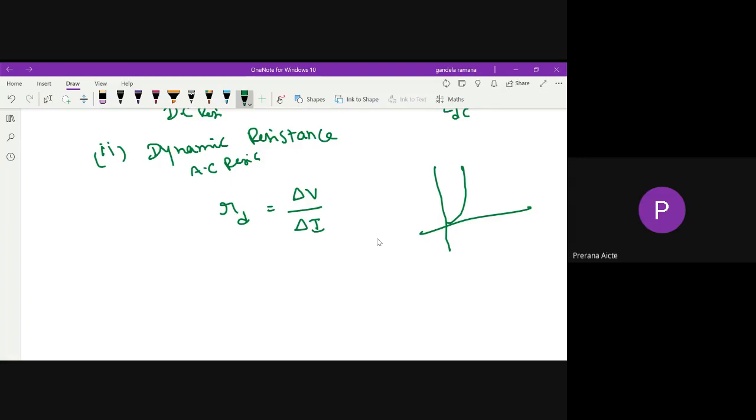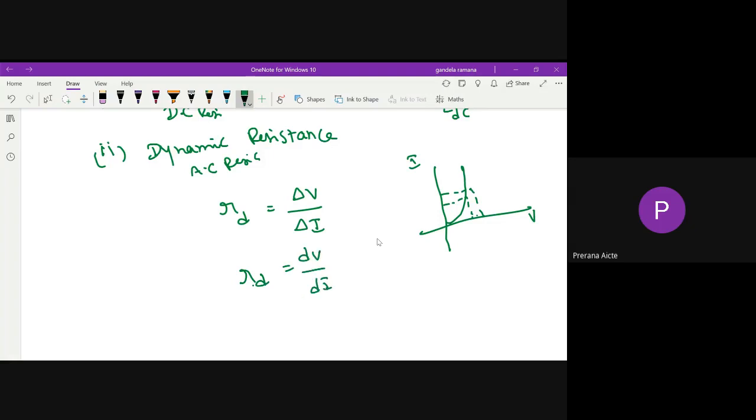So we take voltage on this axis and current in milliamperes on this axis. Change in voltage to change in current, so that is Rd is equal to dV by dI.